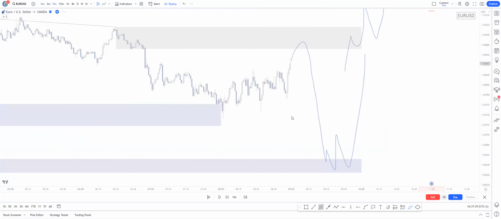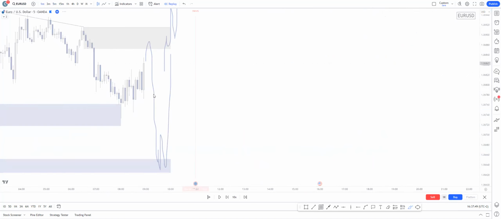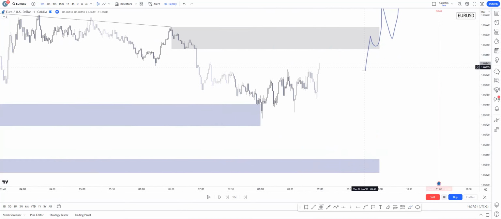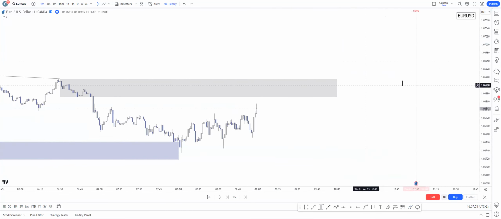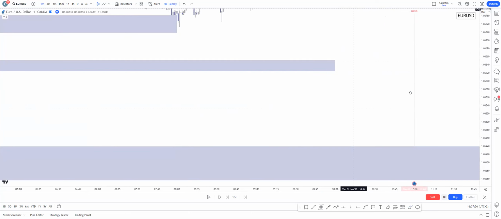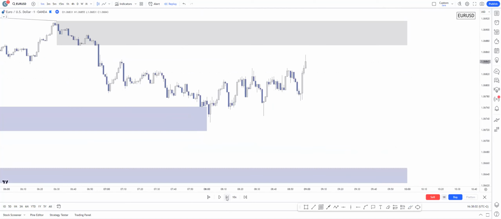On the 5-minute time frame, actually no, there is no zone, but this can function as liquidity for the 5-minute demand. So we will see what happens in this session. So let's see. Perfect. Let's play price forward, and let's find out what happens in this session.